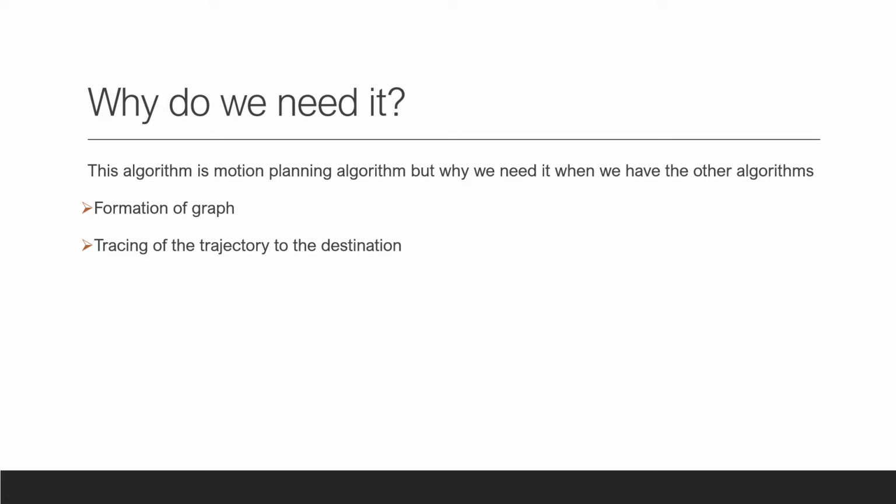So, we were not doing any computation of how that graph was formed. So this is really a kind of practical algorithm in which we are forming the graph and then calculating the path to the destination. So that is the reason it is used.